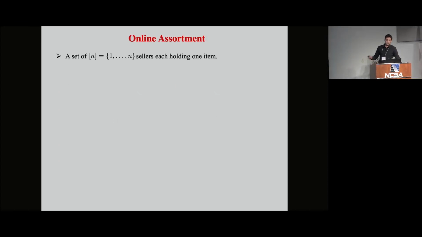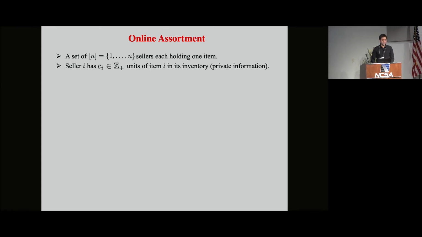So here is the formulation that I'm going to talk about in the next few minutes. Again, we consider a set of n sellers. Each of them is holding one item. So I'm going to use seller and item interchangeably. We assume that seller i has C_i units of item i, where this is private information to seller i.